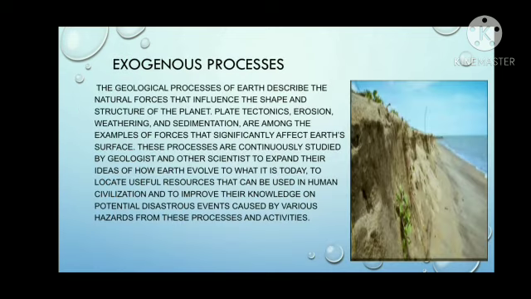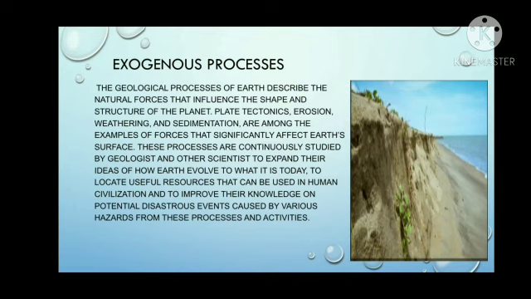Exogenous processes. The geological processes of Earth describe the natural forces that influence the shape and structure of the planet. Plate tectonics, erosion, weathering, and sedimentation are among the examples of forces that significantly affect Earth's surface.